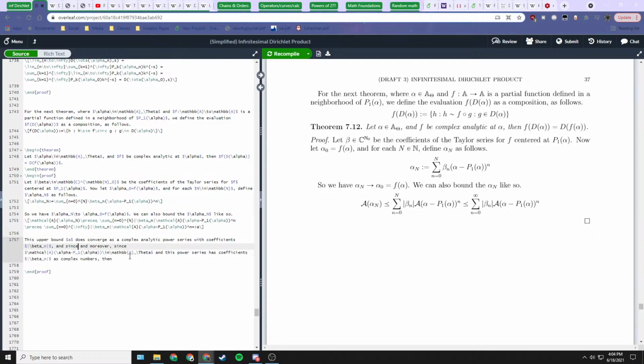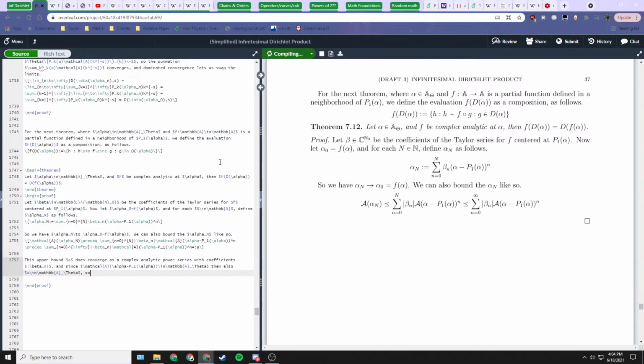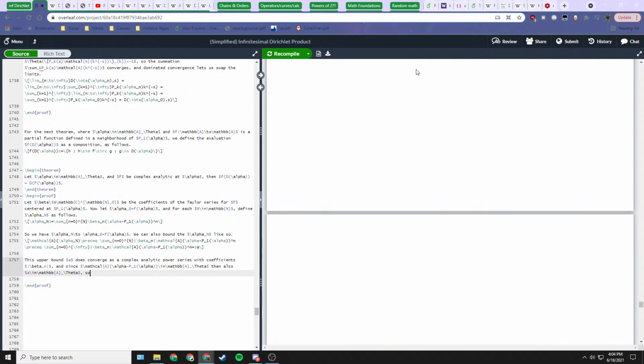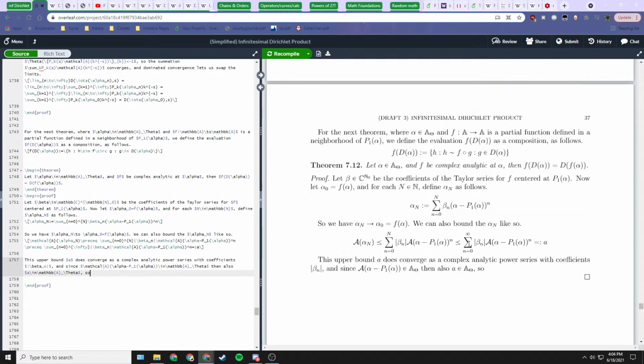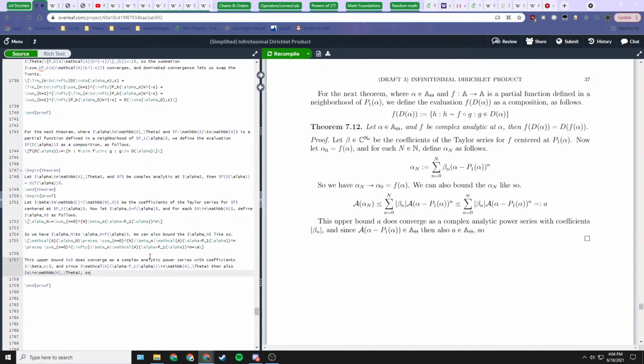And since the absolute value of alpha minus p1 alpha is in a sub theta, then also A is in a sub theta. So that's just from our lemma, if alpha is in a sub theta, so f of A is in a sub theta. So A is in a sub theta.